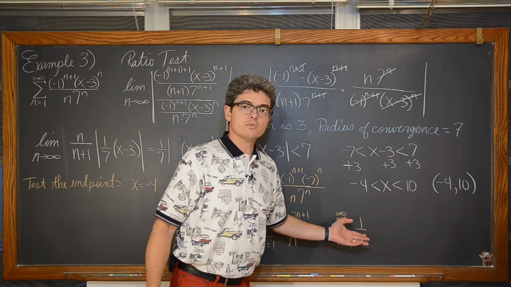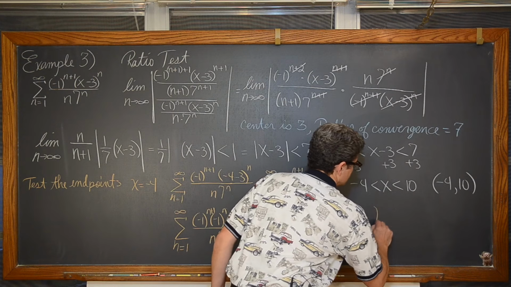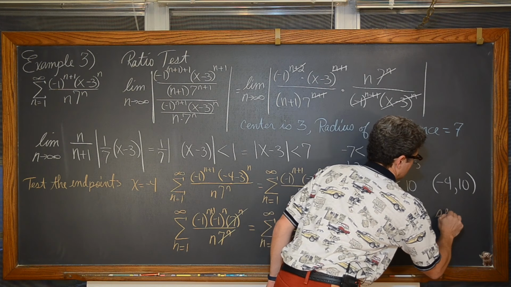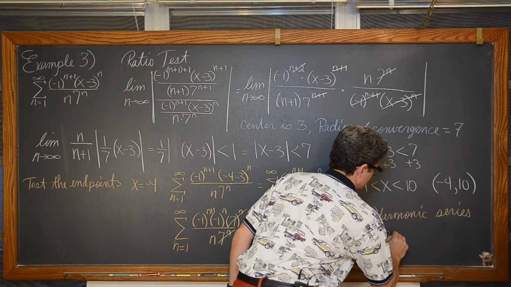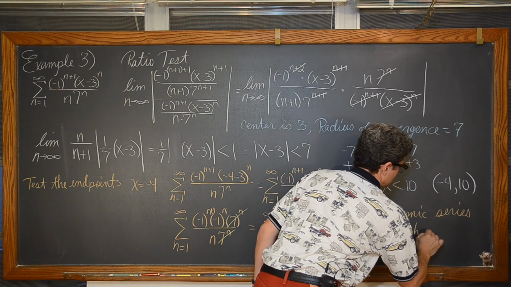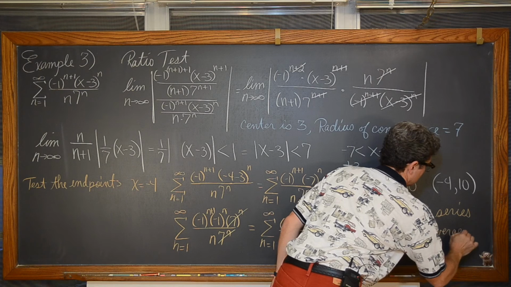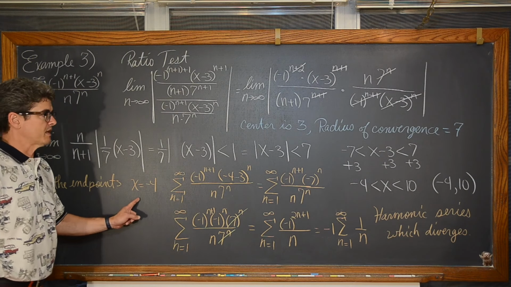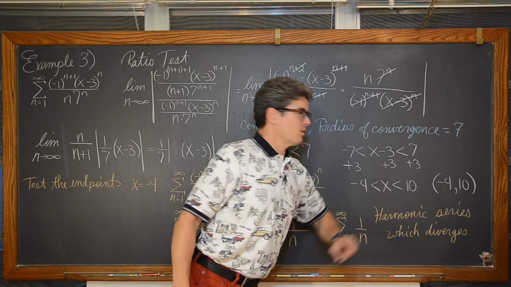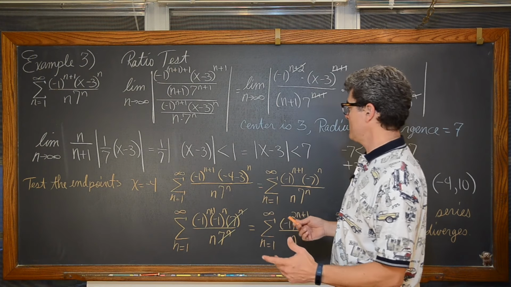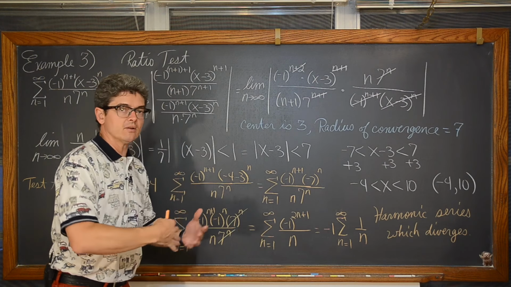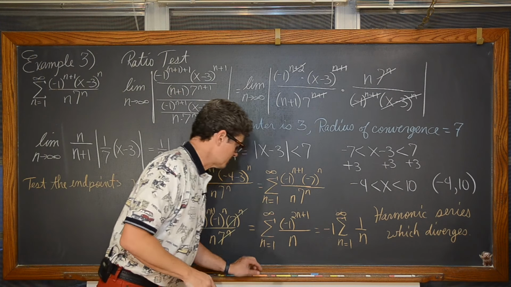And harmonic series are divergent. So when we tested our endpoint of x equals negative 4, this series diverges. So that is not going to be included in our final interval of convergence.